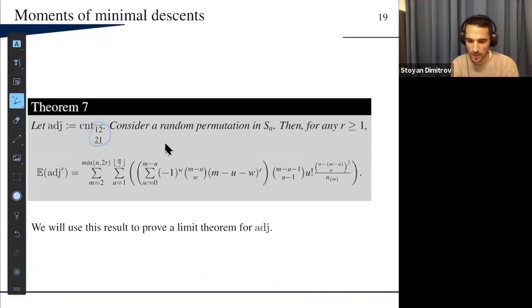So this is like the usual descents, but also we want the numbers corresponding to 1 and 2 to be consecutive in value as well. And we got this formula and we will use it a little bit later to show some limiting result.